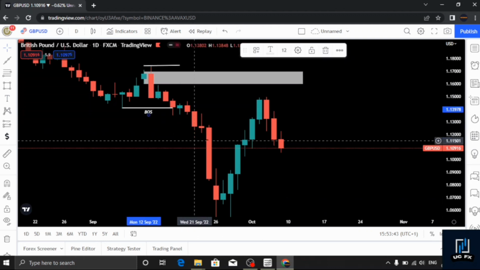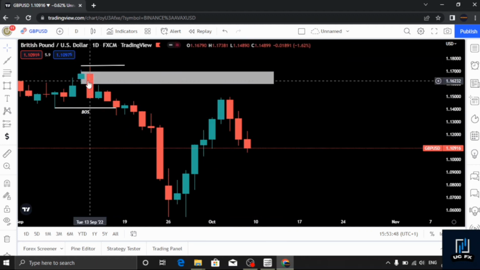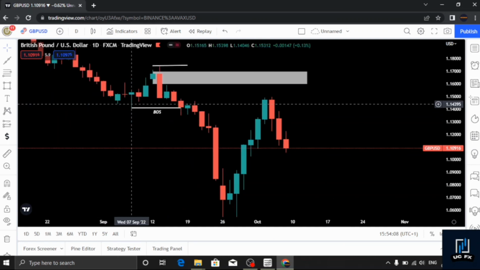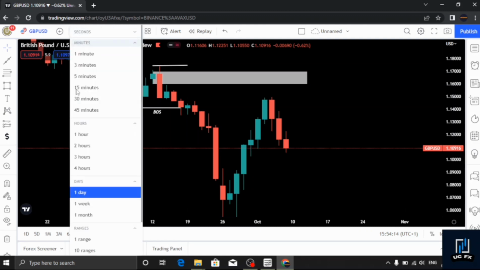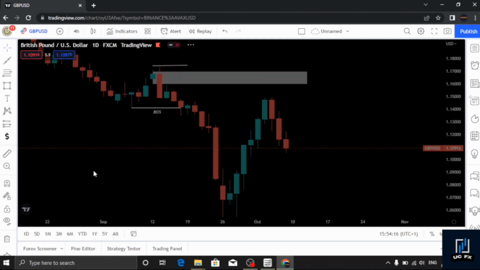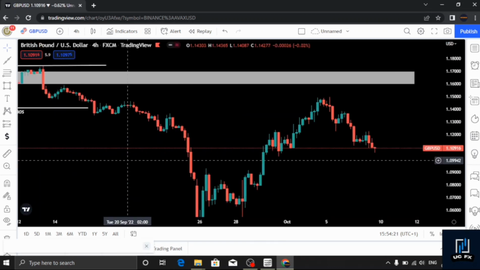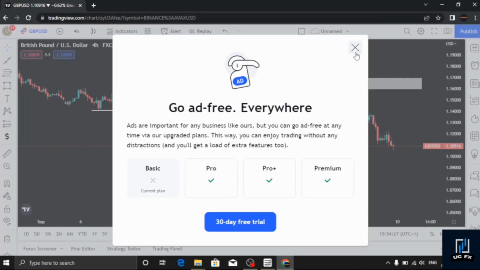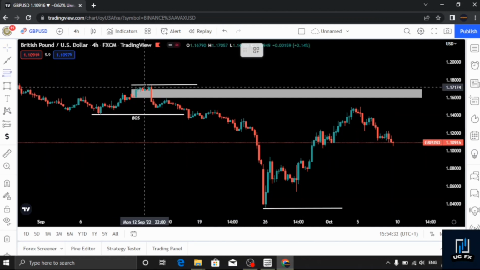So what are you going to be checking next? You're going to be going lower to the H4 time frame to refine this order block and know how we can trade it. So let's go down to the H4 time frame. Here we are on the H4 time frame. After identifying this order block, you take your Fibonacci from these highs to these lows.